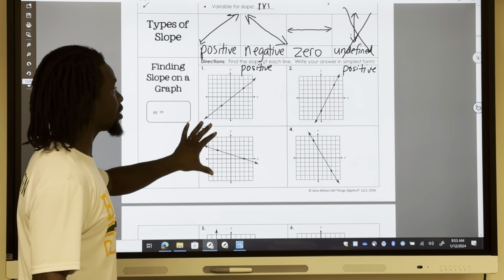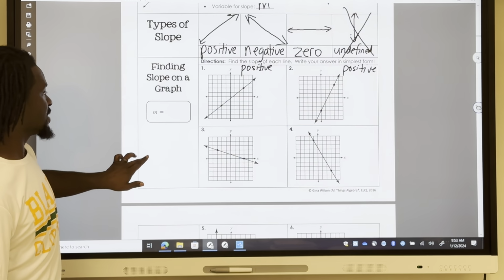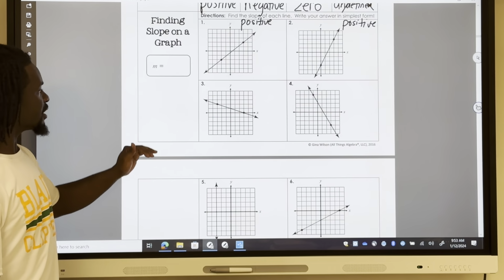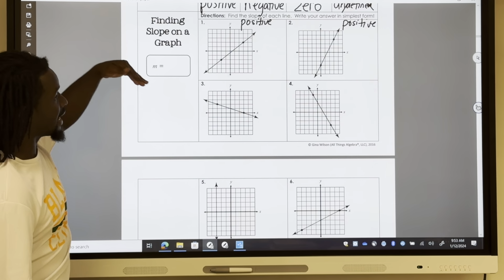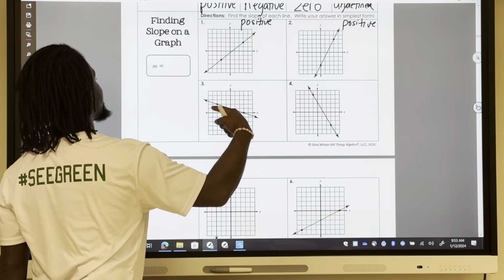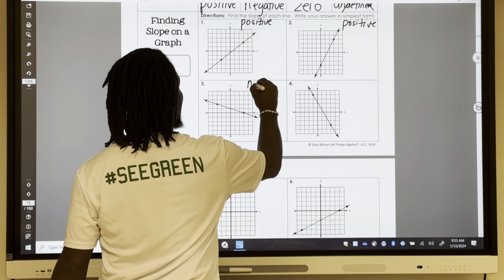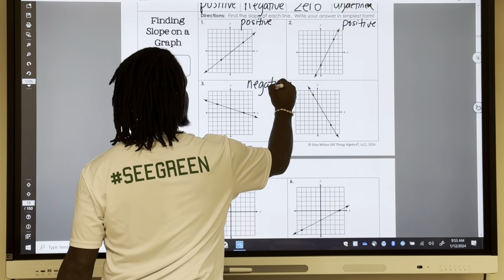Right now all I'm doing is just identifying what type of slope it is. Number three is moving down. It's not moving up, it's going down, and when it's going down, that is a negative slope.